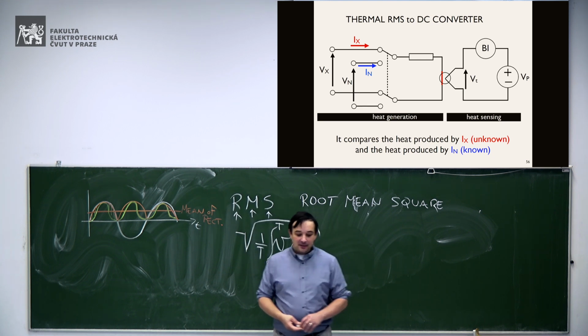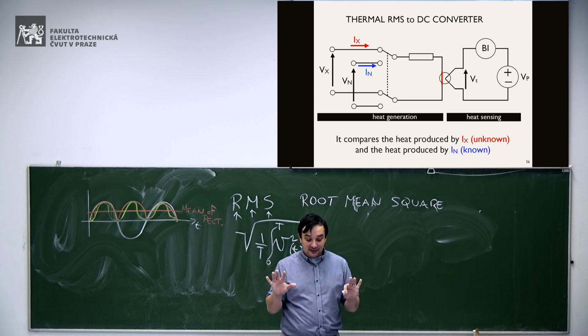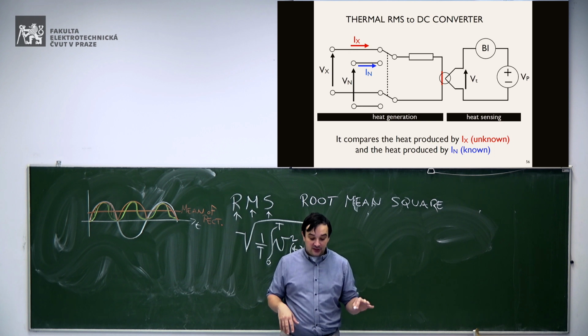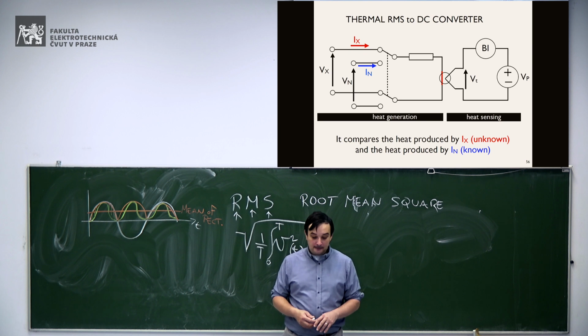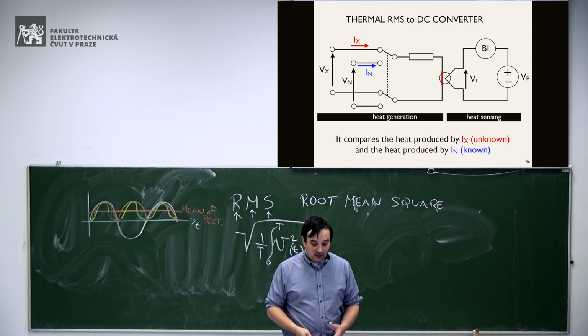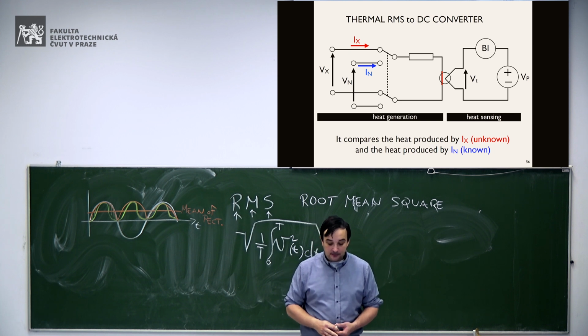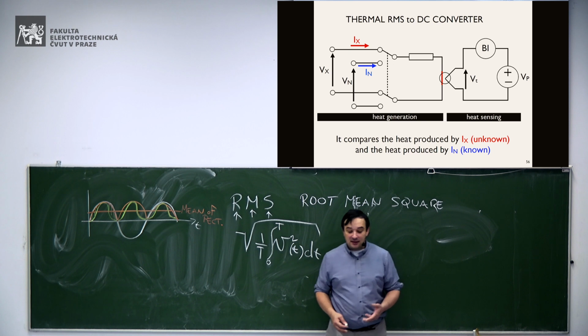How does the thermal RMS to DC converter work? We have two different sections. In the first section, on the left-hand side, you have heat generation. In the first step, the switch is in the upper position, and you apply an unknown voltage Vx.